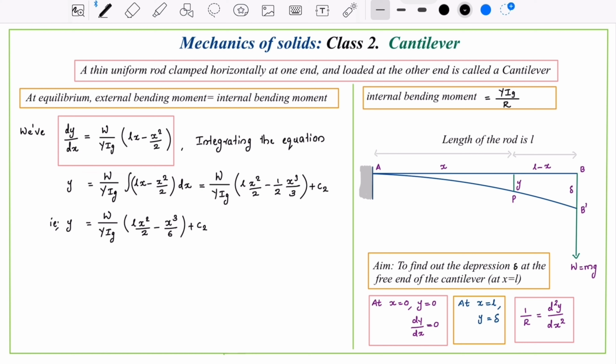Now again we have to find out the value of C2. Now use the boundary condition at x is equal to 0, y is equal to 0, because at the fixed end or at the clamped end there is no depression.